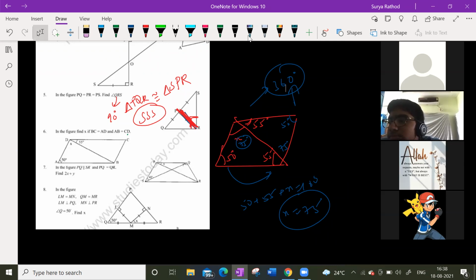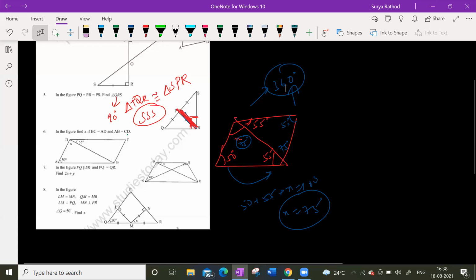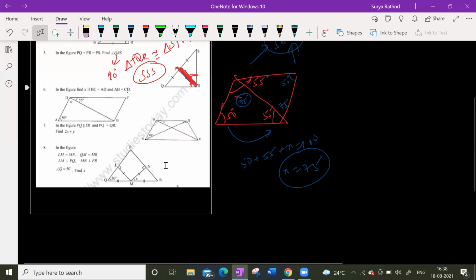Sir, you can just share the code so she can join. You are not in Google Classroom, right? Yes, sir. No problem. Just drop a message to Rahul sir. If he's not answering the call, drop a message so that he will send you. Okay, sir. Okay. Next question.